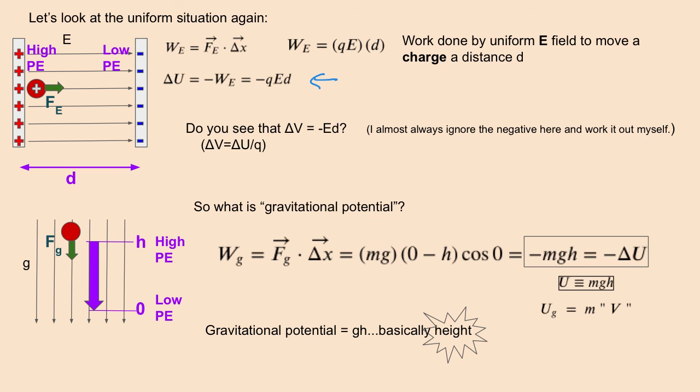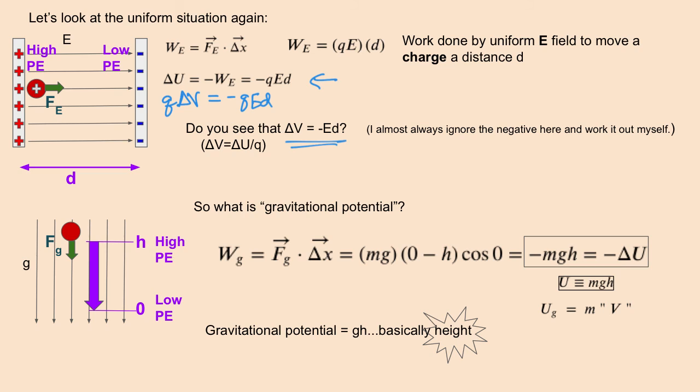If you divide both sides by q, remember, delta U is q delta V, so you can get that delta V is negative Ed, and you'll see that a lot. And that negative is there because the potential drops as you go along the electric field, right? You go from high to low. You follow the electric field line, your potential is going to drop.